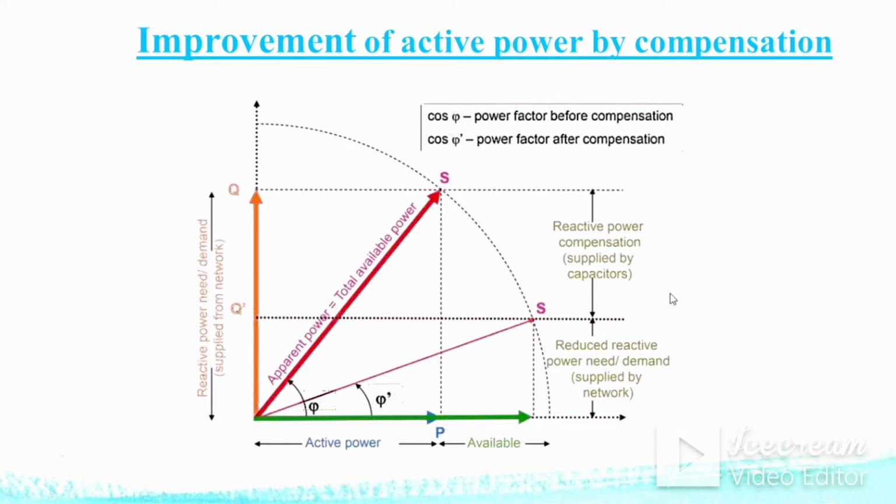Thus, we prove that using these compensation techniques, since the reactive power reduces, the power factor of the power system network improves. So this compensation is very important from the efficiency point of view of any power system network, since it improves the power factor of the network.